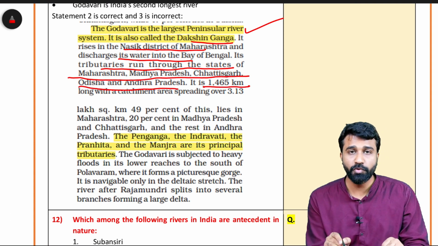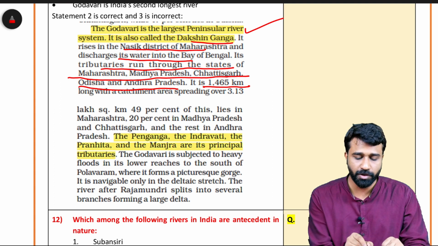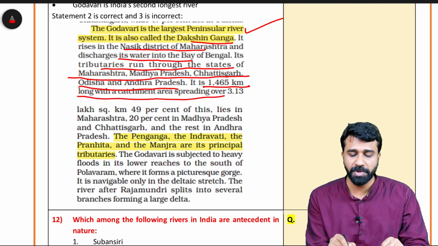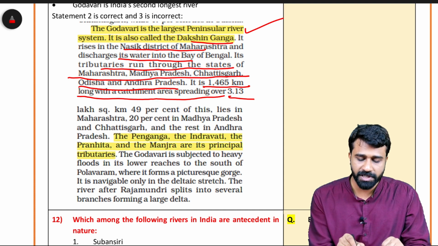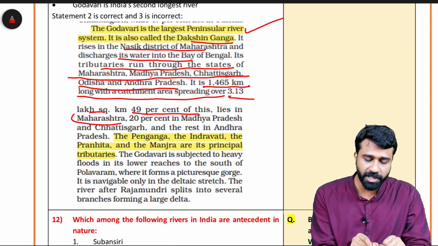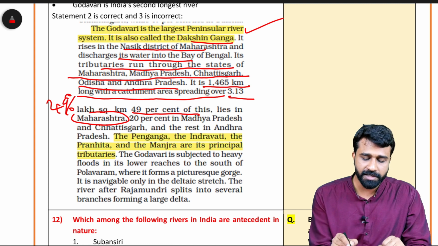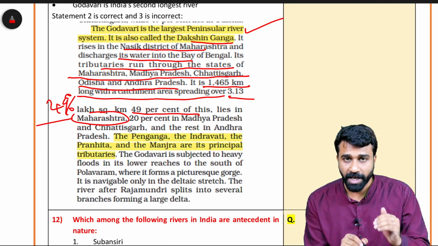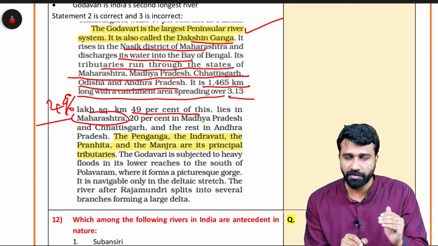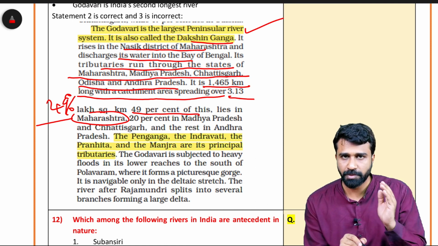It is 1465 kilometers long, with a catchment area spreading over 3.13 lakh square kilometers, of which 49% lies in Maharashtra, and 20% in Madhya Pradesh. And also, arrange the catchment area of Godavari, which is spread across different states, from highest to lowest.